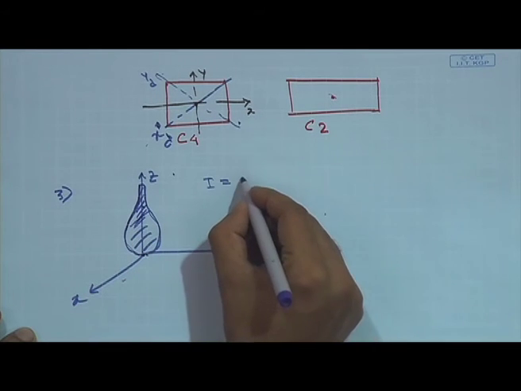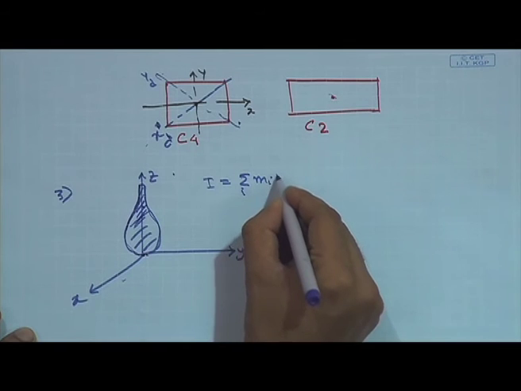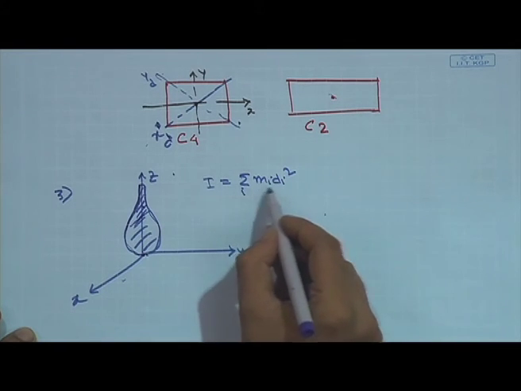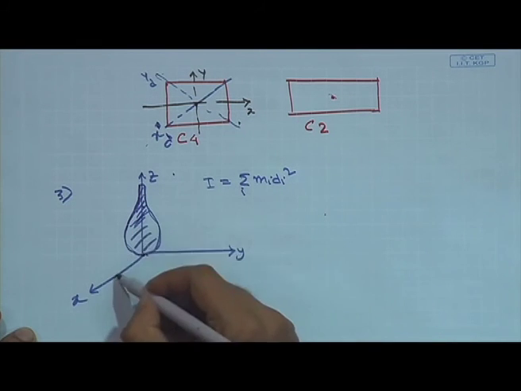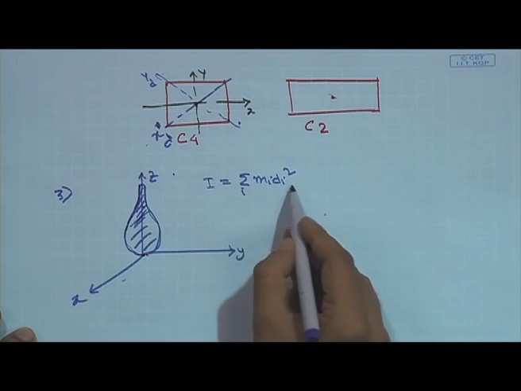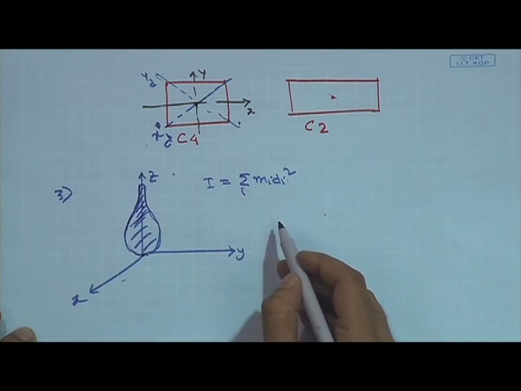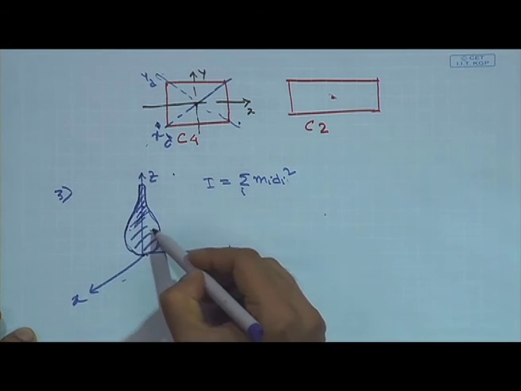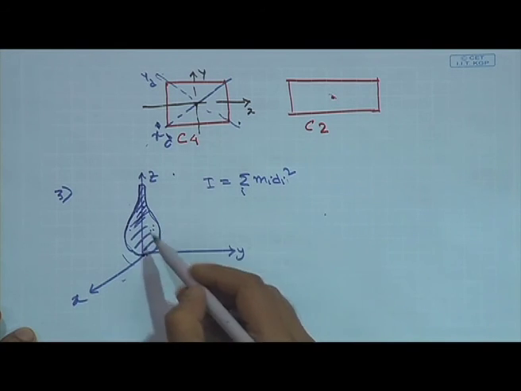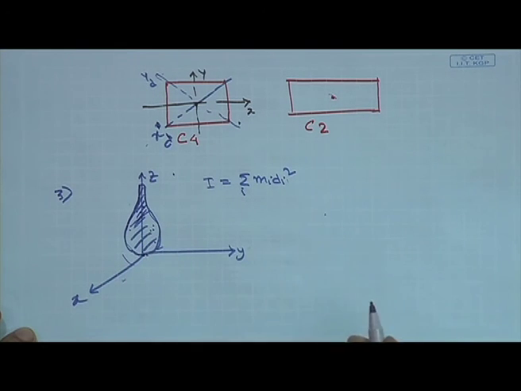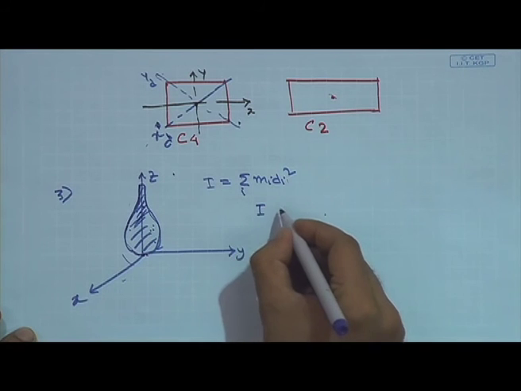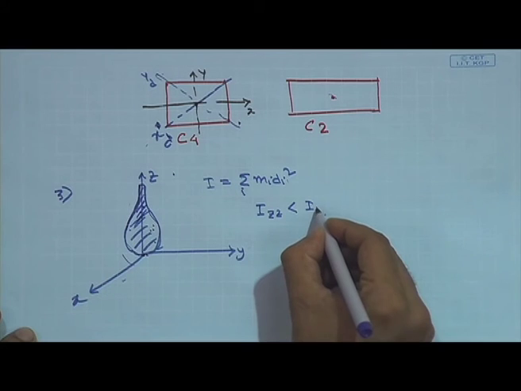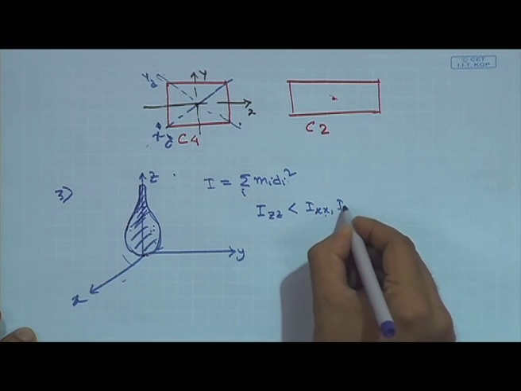What is I? I is the sum over i of m_i d_i squared. So, if a mass is located far away from a particular axis, for that axis I will gain more moment of inertia. For the Z axis the average distance of mass points on this system is less compared to the other two axes. So, just by symmetry of the problem, I can say that Izz is less than both Ixx and Iyy.